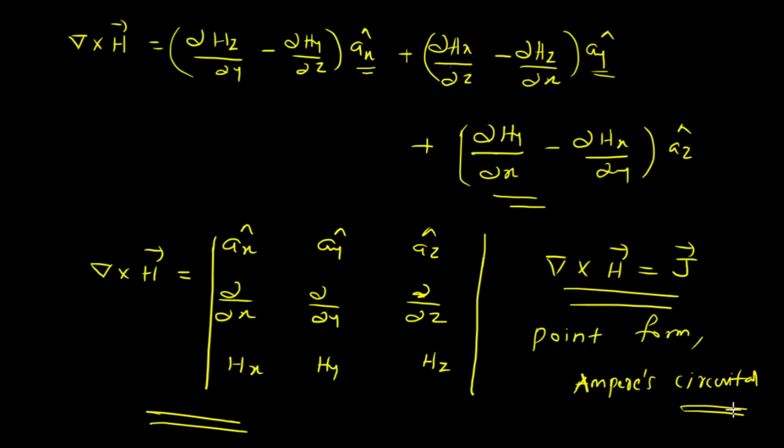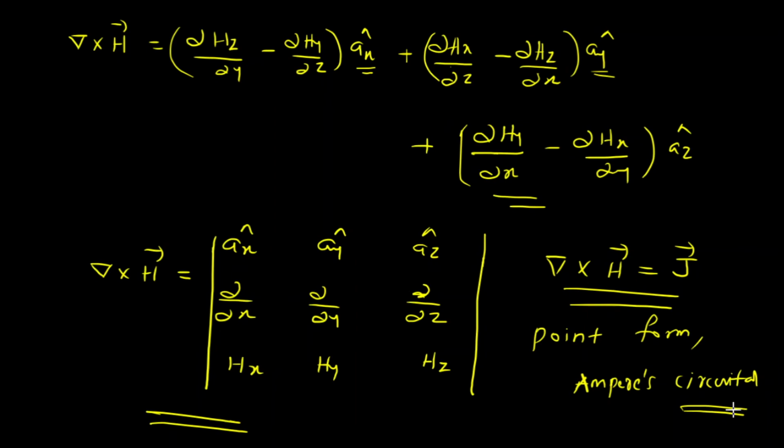Now I'll leave you a small exercise. I have represented curl of h only in the Cartesian coordinate system. The same derivation can be done in the cylindrical coordinate system as well as the spherical coordinate system, because every conceptual idea of our subject can be derived in any of the three coordinate systems, either cylindrical, spherical or Cartesian.